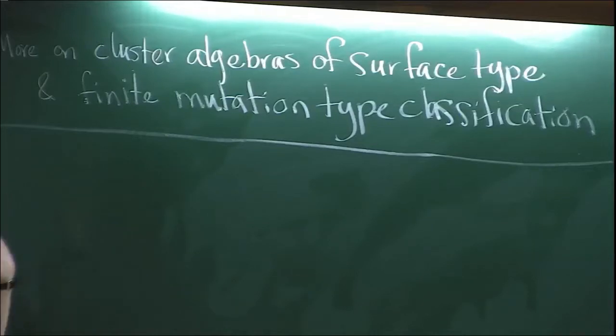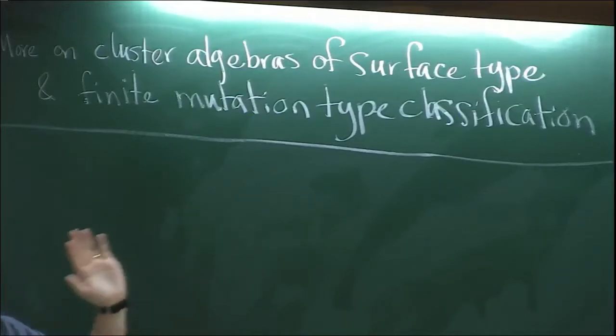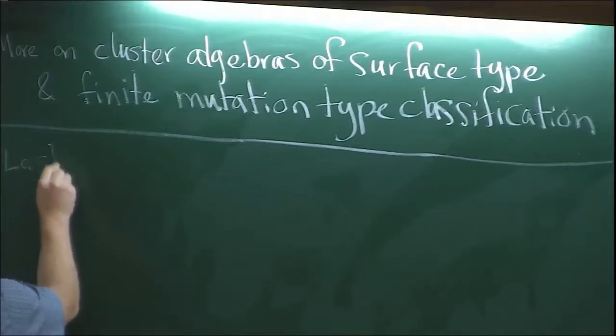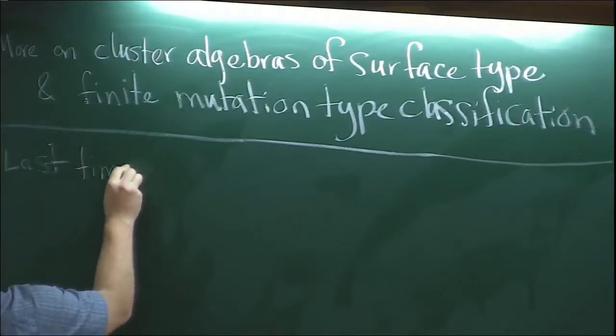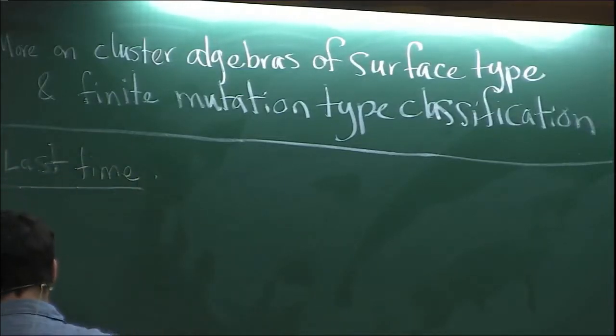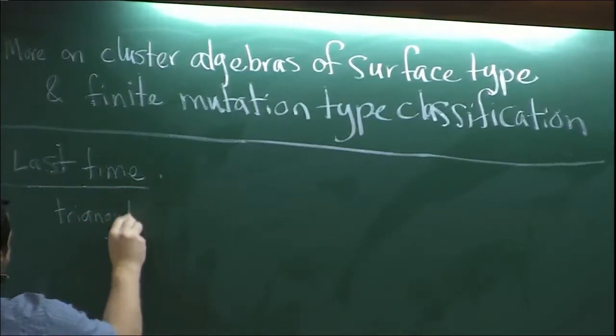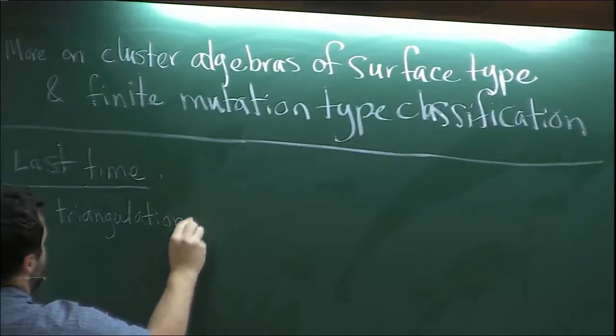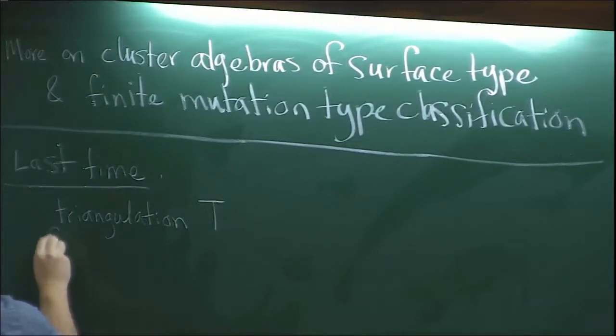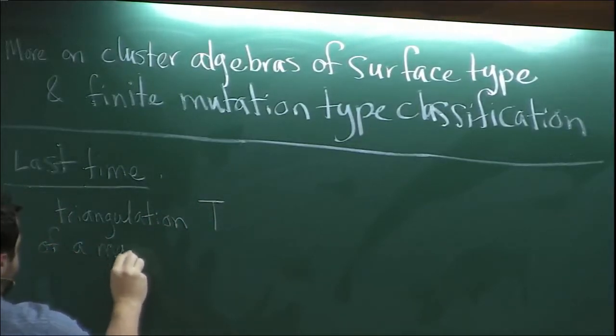actually how to take a triangulation and get a quiver and get a cluster algebra, okay? So let's just remind. So last time, I took a triangulation, I'll call it T, of a marked surface.